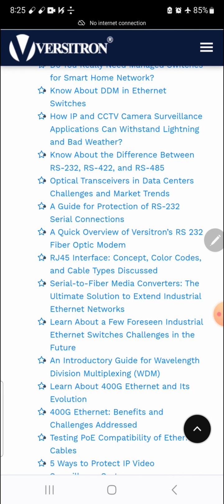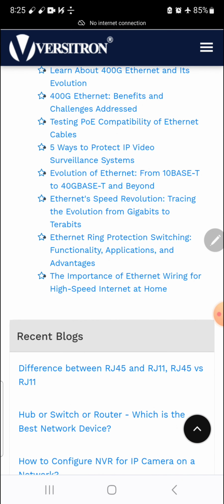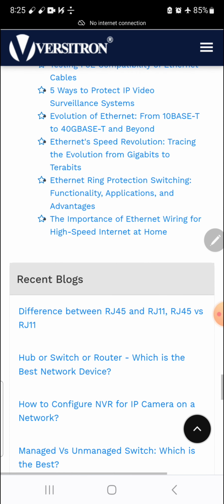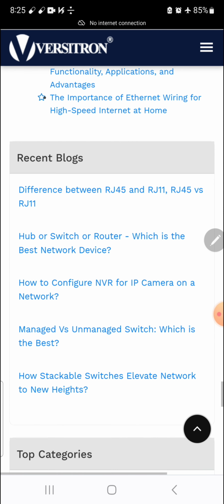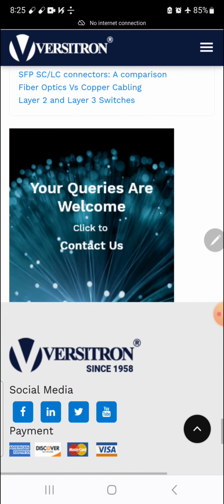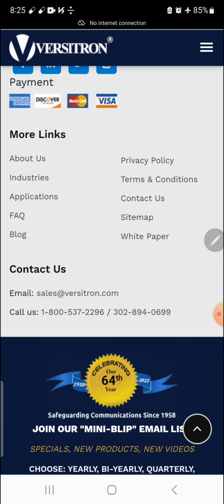A quick overview of Veritron's RS-232 fiber optic modem, an evolution of Ethernet from 10 base T to 40 gigabit base T and beyond, Ethernet's speed revolution, right? And so on. Those blogs look like very good articles. I like this company, man, Veritron.